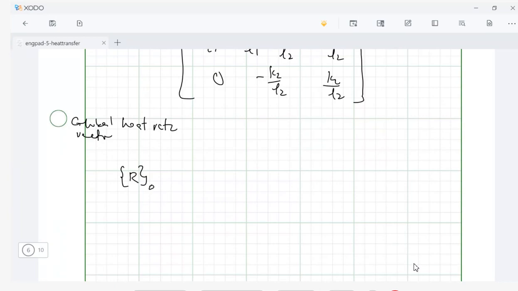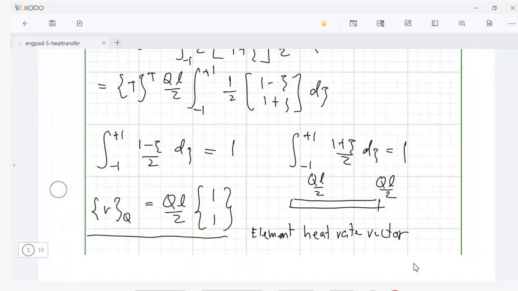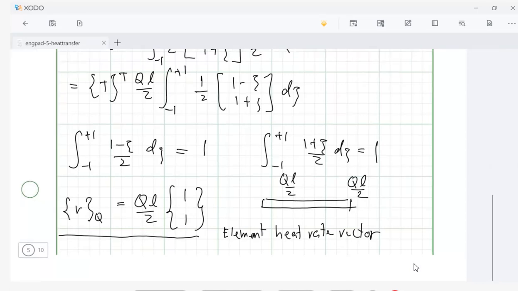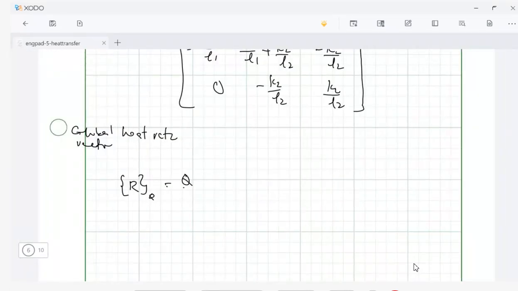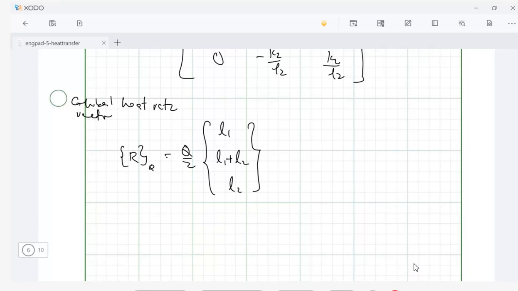So in this case, R is just QL/2, QL/2. If the element has a different length, then Q/2 is the same. Then we have L1 for element 1 and L1 plus L2 because this is the conductivity, and L2. Okay, so this is what we get.